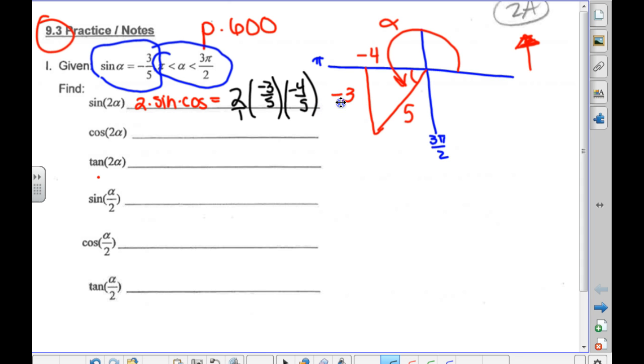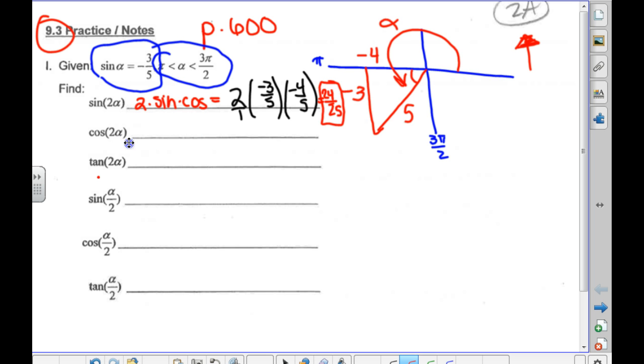Anybody know what we get? Yep, we get 24/25.